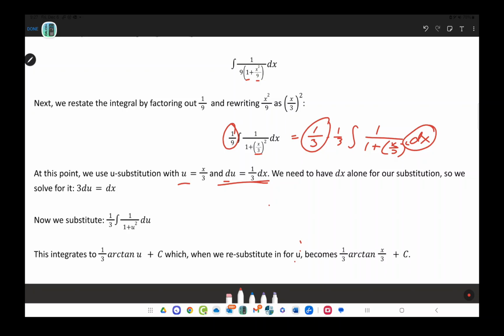So there's still 1/3 left there, and now we just have some simple functions. This is 1/3 inverse tangent of u plus c, which gives you 1/3 inverse tangent of x over 3 plus c.